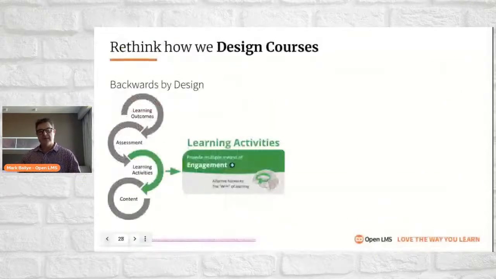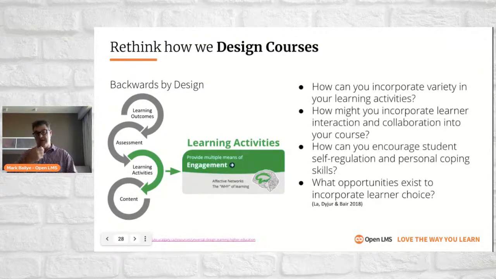So when we think about the next area around learning activities, again, that's really thinking about the different ways that we're engaging our students. What are the type of questions you should be asking? Well, how do you incorporate different learning activities? How do you provide the variety?